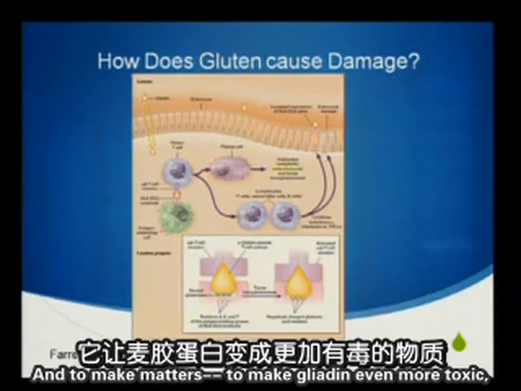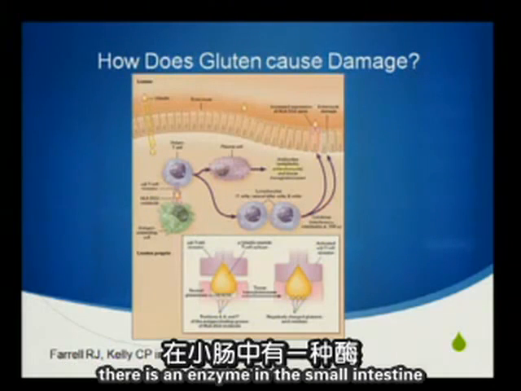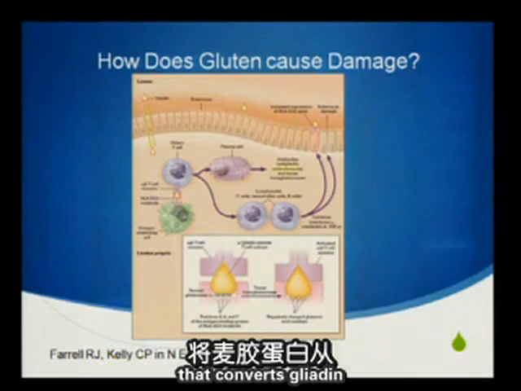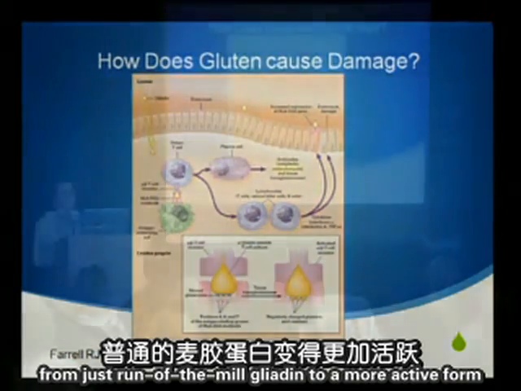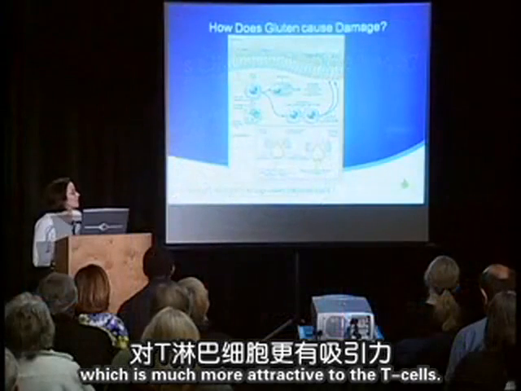And to make gliadin even more toxic, there is an enzyme in the small intestine that converts gliadin from just run-of-the-mill gliadin to a more active form, which is much more attractive to the T cells.